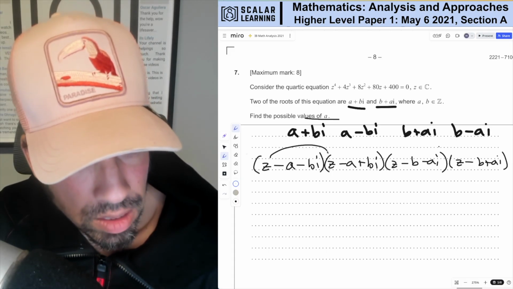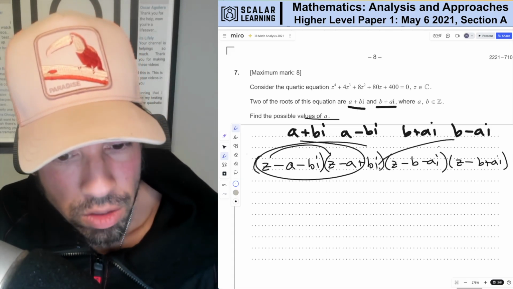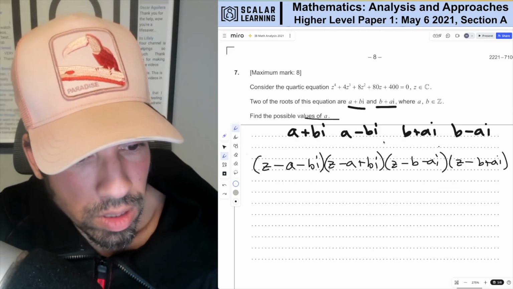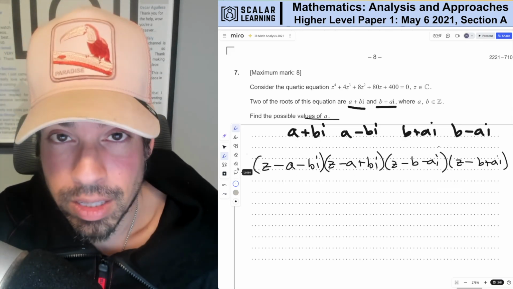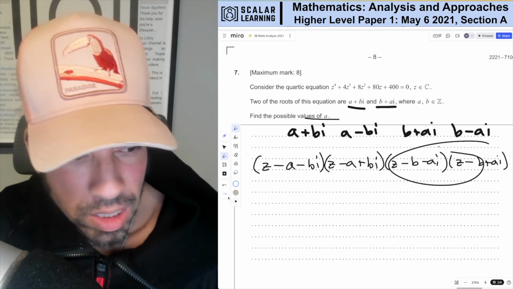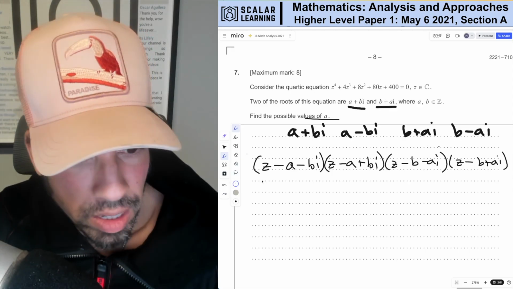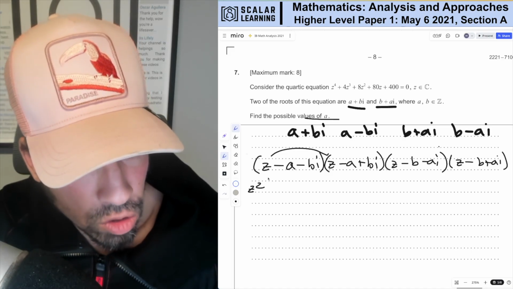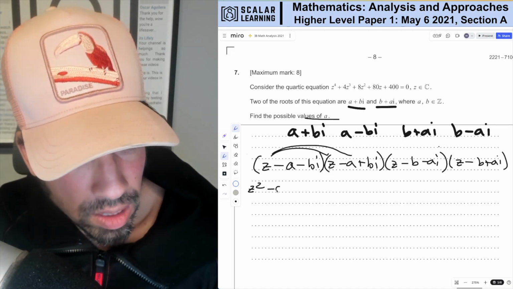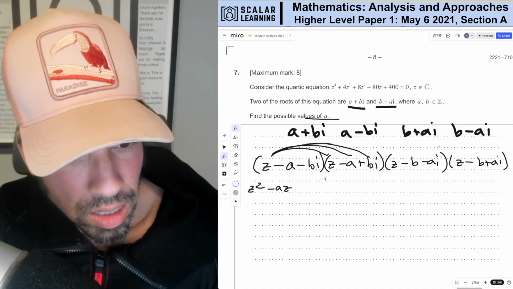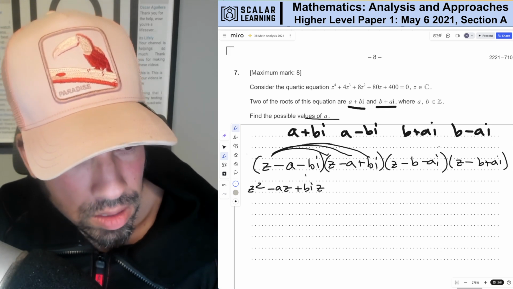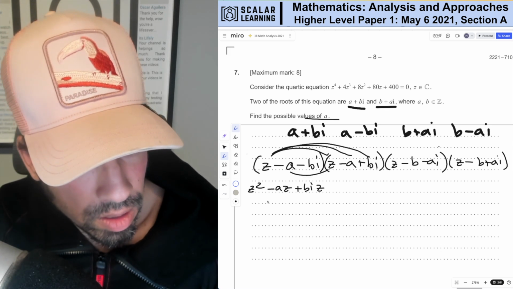So we're going to start to FOIL this out. We're going to do these two together, and then we'll FOIL the final results, because when you FOIL these two, believe it or not, you're actually going to get a quadratic. And same with this, the imaginary terms will cancel out with these conjugates. So check this out. We've got z times z, which is z squared, z times negative a, which is negative az, and then z times bi, which is plus biz. Then we've got here negative az.